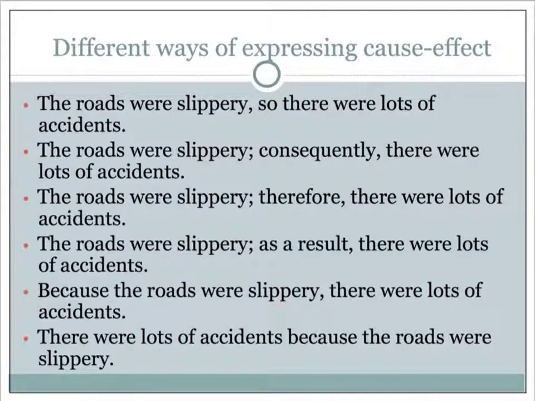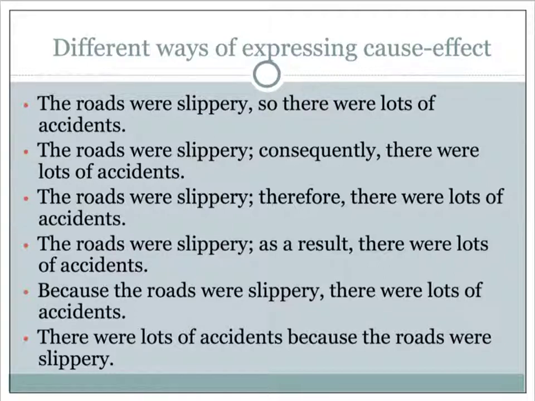Here's another conjunctive adverb that makes sense given the meaning of the sentence: the roads were slippery; therefore, there were lots of accidents. Now we have a transitional expression: the roads were slippery; as a result, there were lots of accidents. Notice how you put the semicolon at the end of the first simple sentence. Then you have either your conjunctive adverb or your transitional expression, and then you have a comma after that.